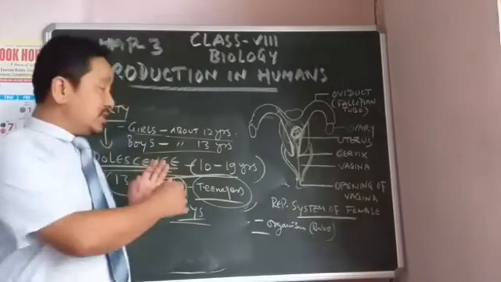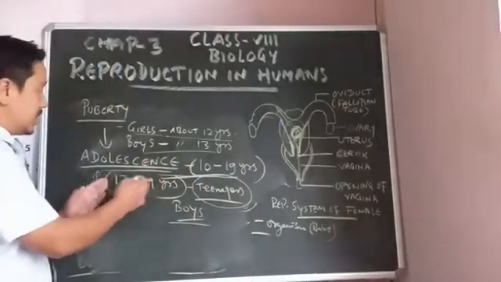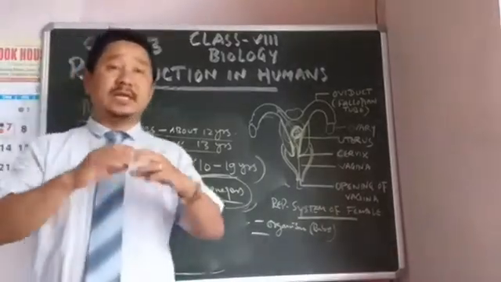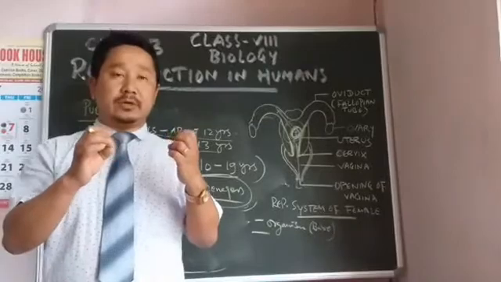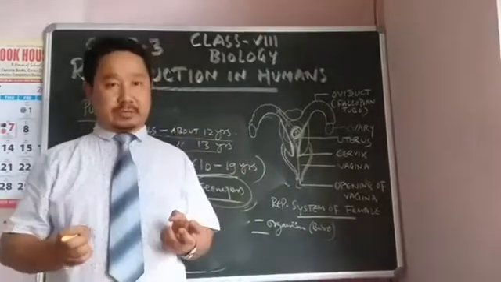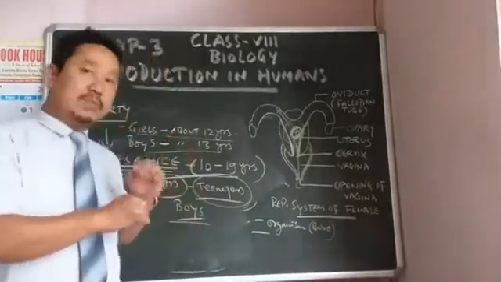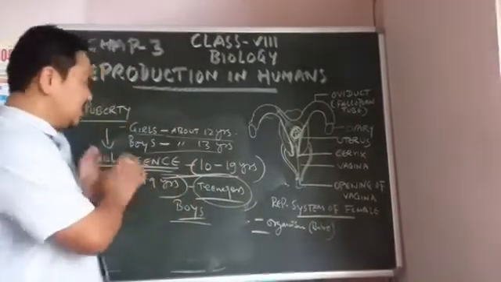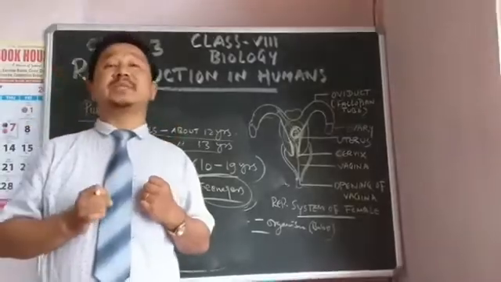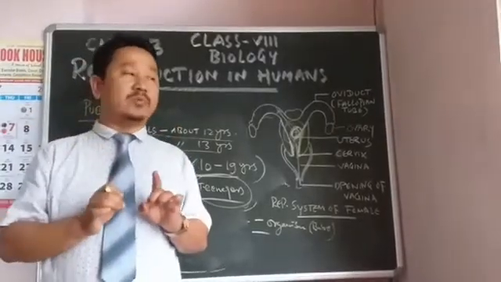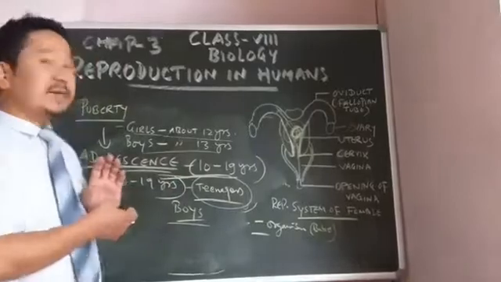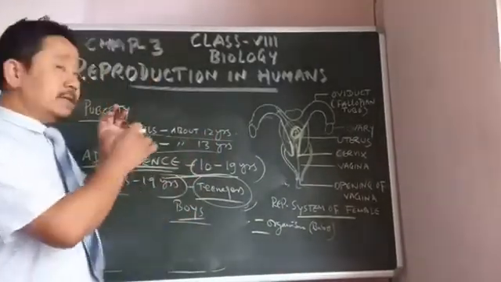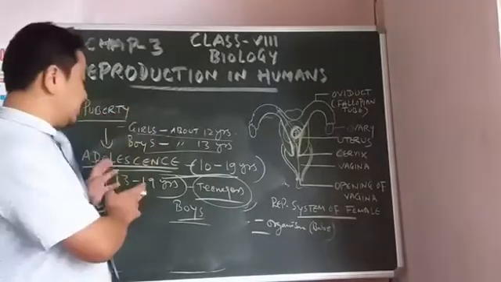But slowly, once they are in between 13 to 19, we suddenly see the height increased. Why? Because 20% of the total height of the body is increased during this time only, and 50% of the weight is gained during this phase of life only. So this is what you see as the changes or development during adolescence.